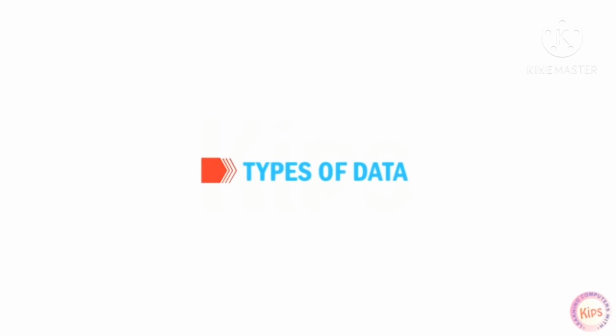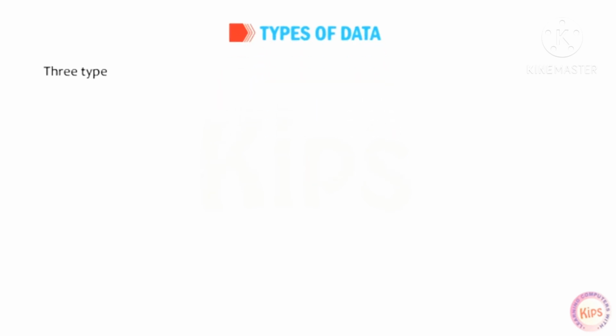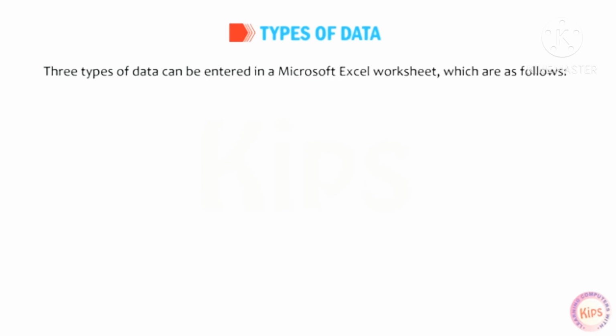Types of data. These three types of data can be entered in a Microsoft Excel worksheet, which are as follows: numbers, text, and formula.